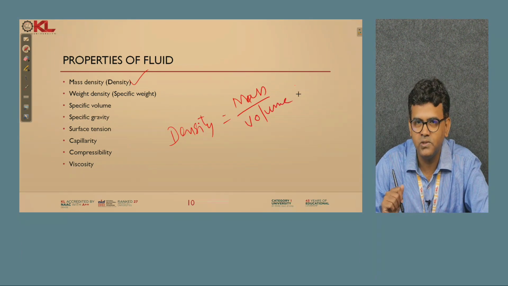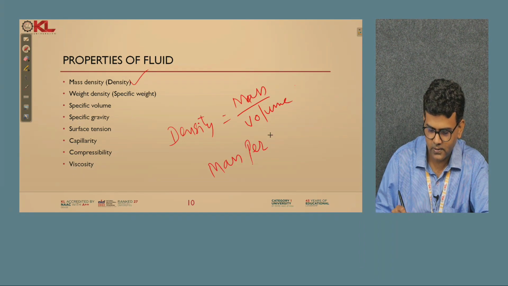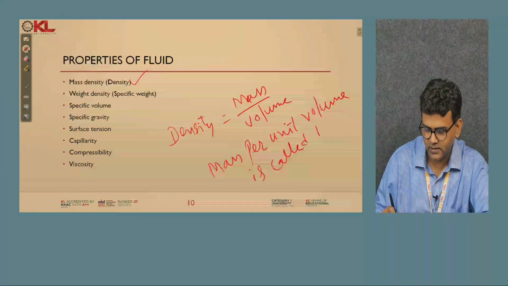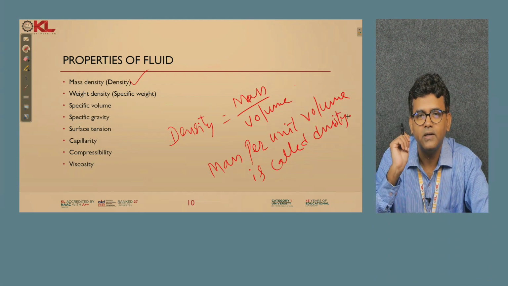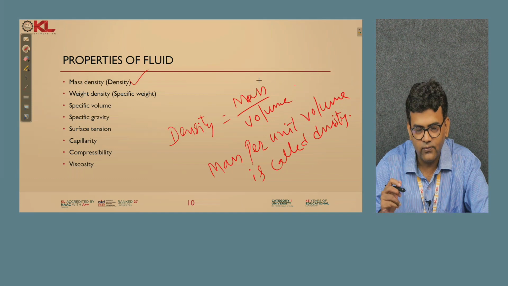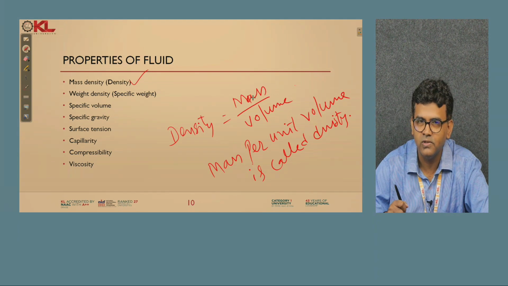Mass per unit volume is called the density. That is, whatever the mass of the liquid, if that is divided by its volume, we will get the density of the fluid.